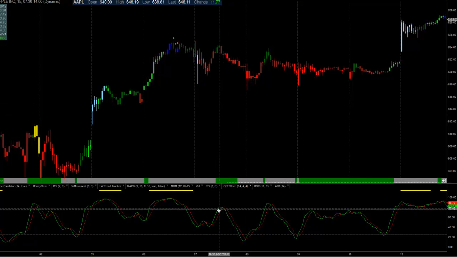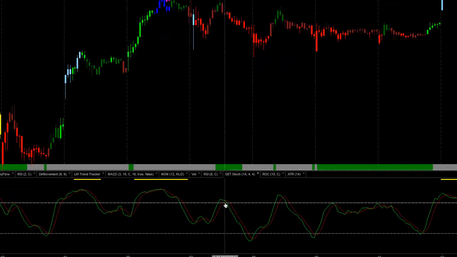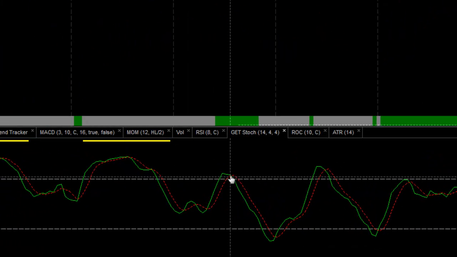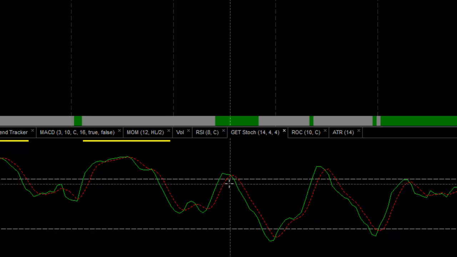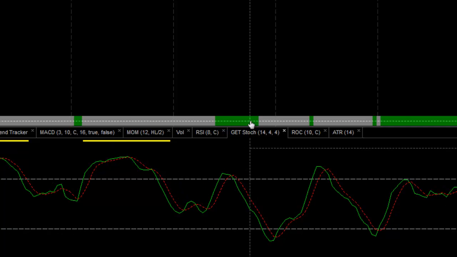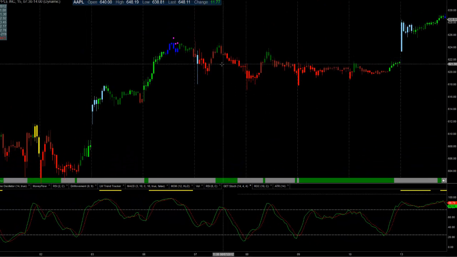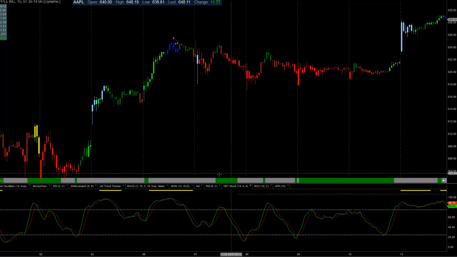Here we're making a high on the stochastics, and the fast indicator has crossed through the slow one, and it's crossed down below the top warning level, which I have at 75. Some people have it at 80, but I have it at 75 and 25. So coming out of this squeeze, the odds are that price is going to go lower. You don't know that, but I think you have to look for clues as to what price may do.